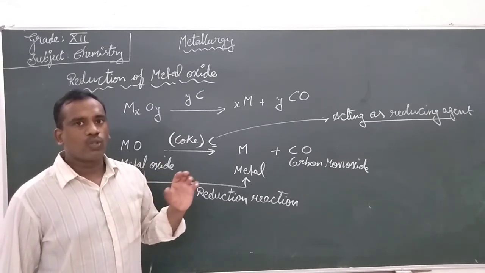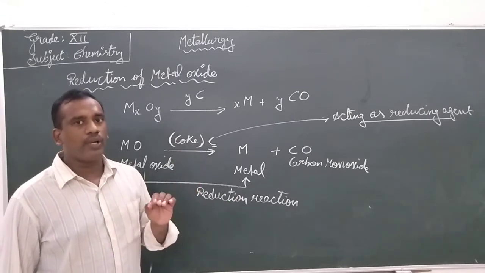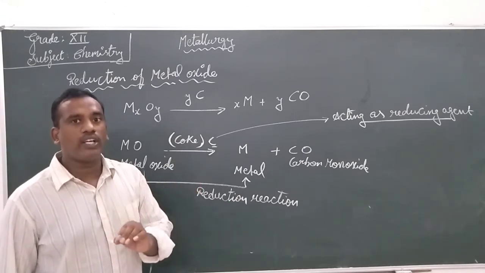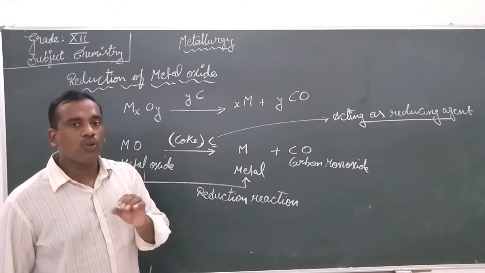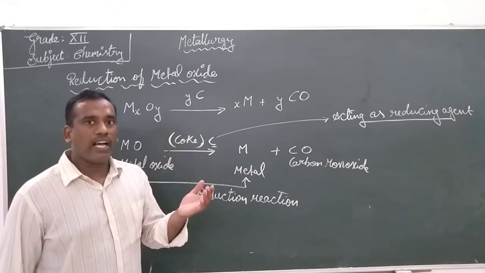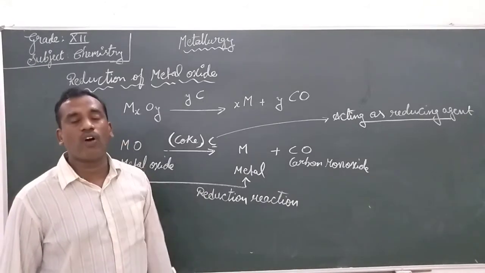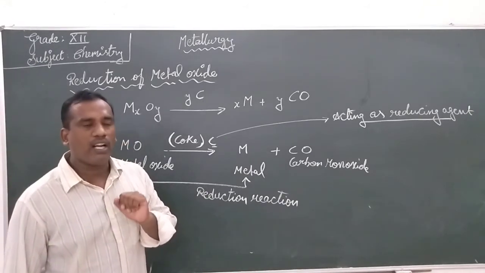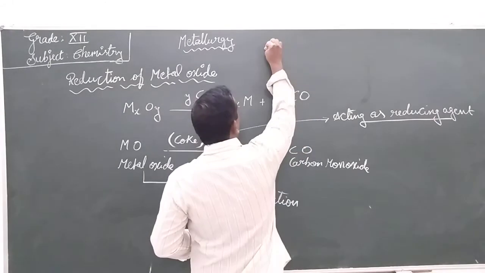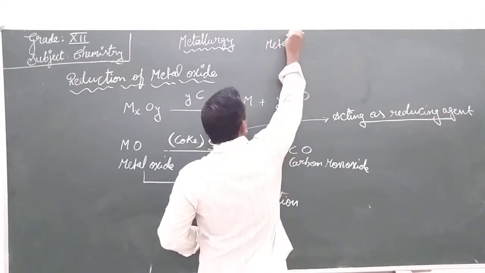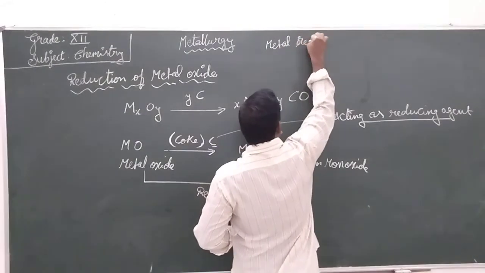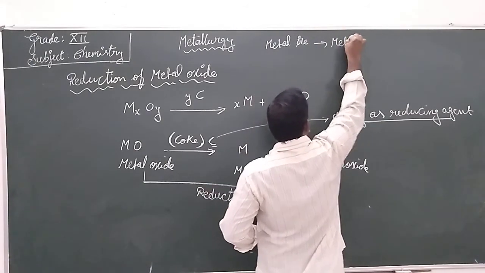So up to here we are going to conclude the topic of how to convert a metal ore into the metal. What are the steps that are involved in converting a metal ore into the metal? The metal ore is first converted into metal sulfide.